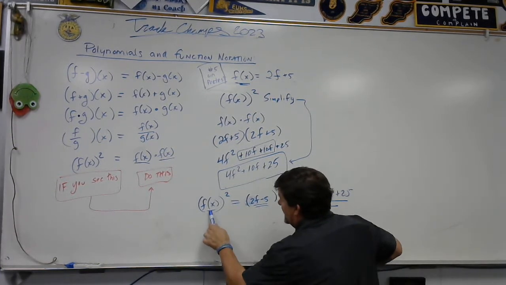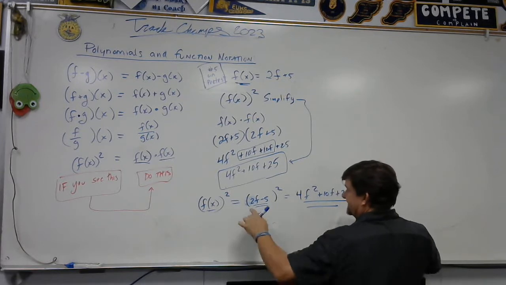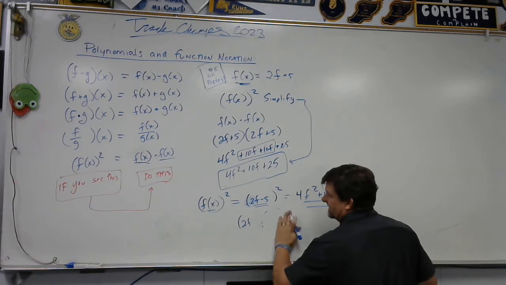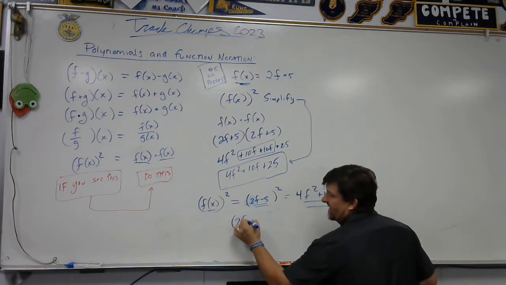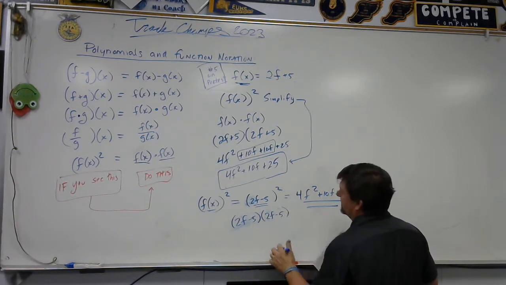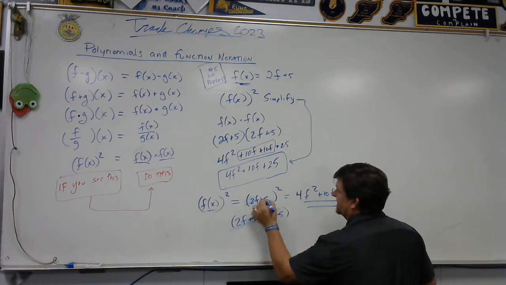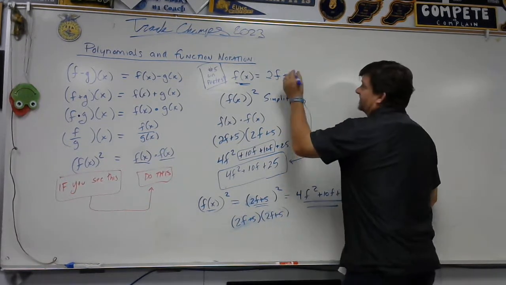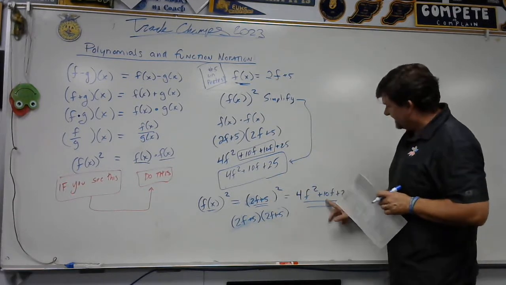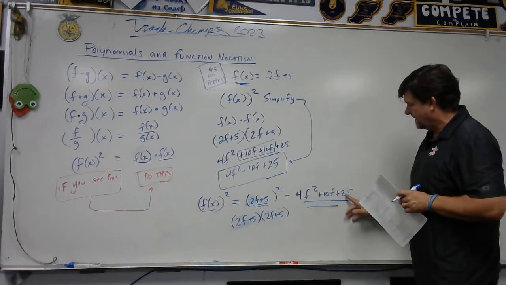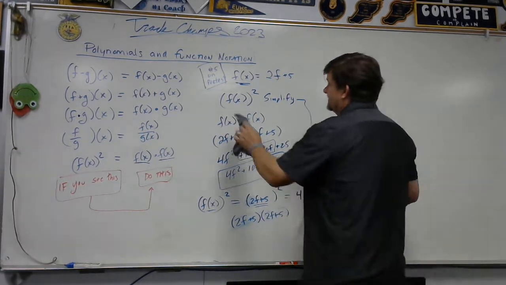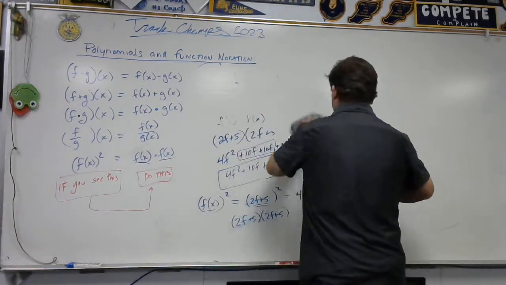So when you see this, you do this by separating the two out. This is where everybody messed up. This should be 2f plus 5 times the quantity 2f plus 5. I think everybody was okay on this one. We just forgot the middle term. A lot of you probably put 4f squared plus 25. And that fly is driving me crazy. All right, so that's one of the ideas here.